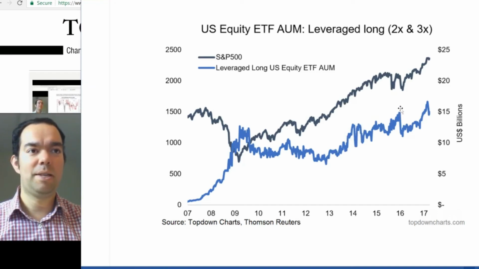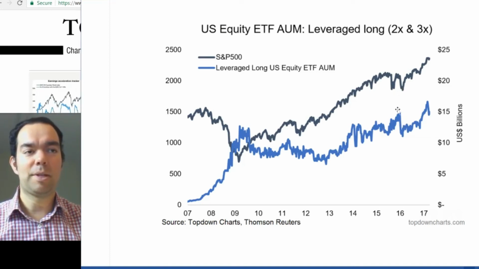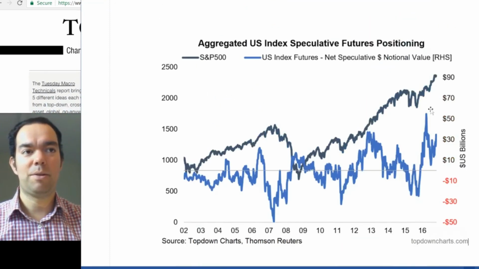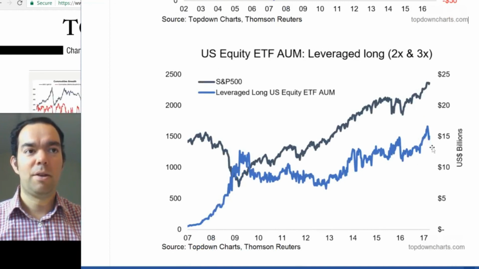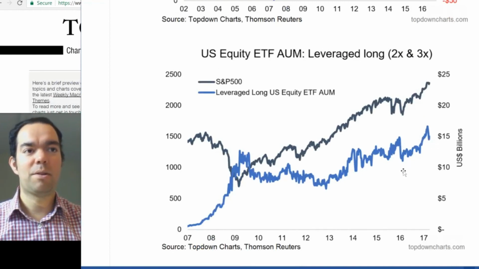So in that respect, versus a contrarian indicator, as the first one really is, this one's more of a smart money indicator, and so it's notable that it's starting to come down. But it's more of a background feature, this one.